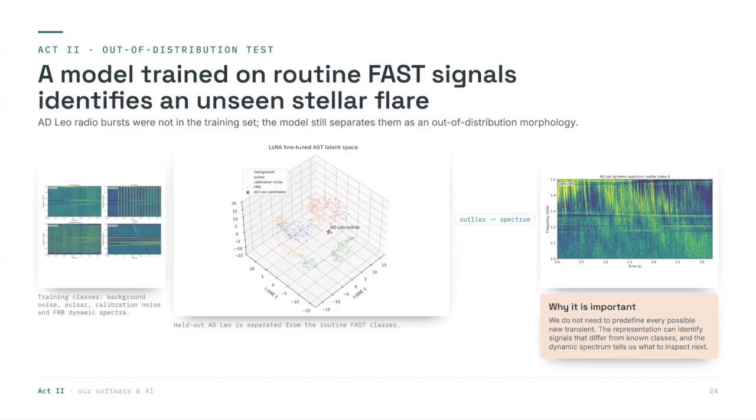So we hope to find any new signals outside the classes. For example, lightning or some RFI we have never seen, or some radiation from stars, or maybe some new signals. We don't know.